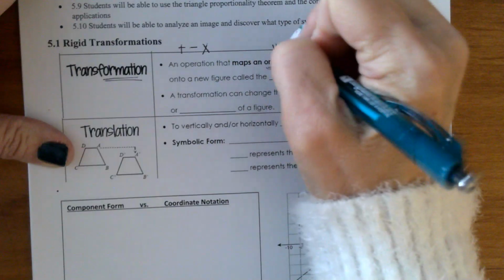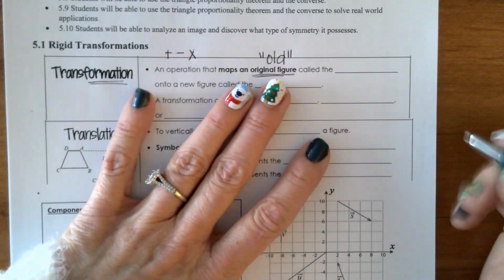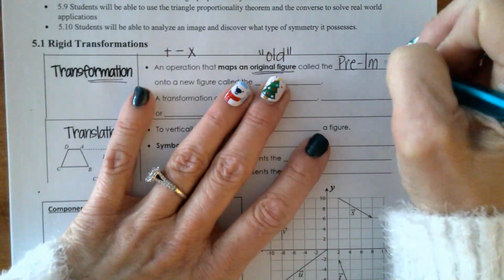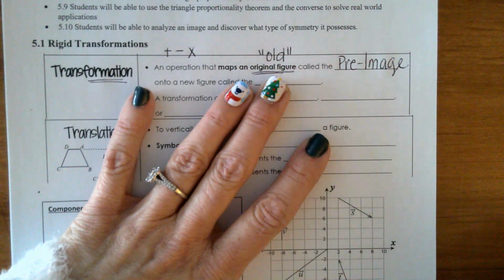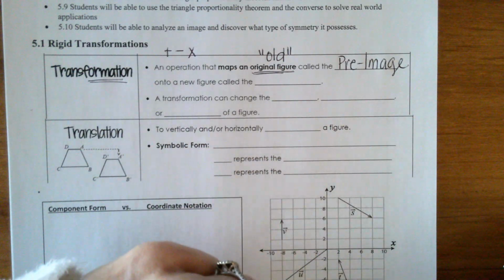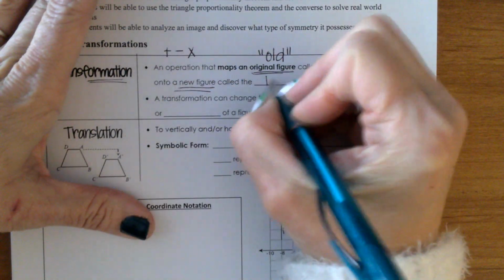You can call this the old one. The correct term for that in math is the pre-image. So the old one, the original, is the pre-image, and the new figure is called the image.